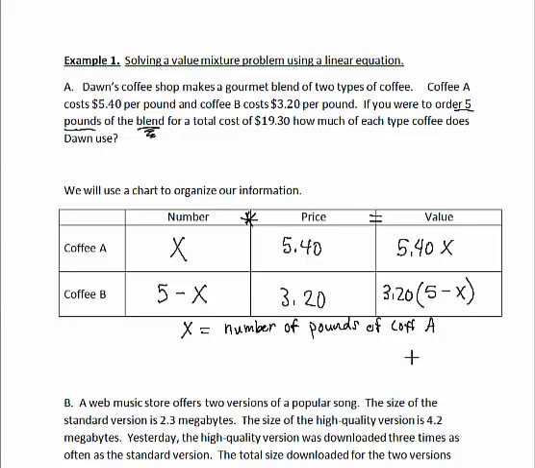Alright, so from here, what we usually do is we take this third column that we've just calculated, and we go back to the problem and we look for some information that we haven't used. We've used the 5 in regards to the number column.